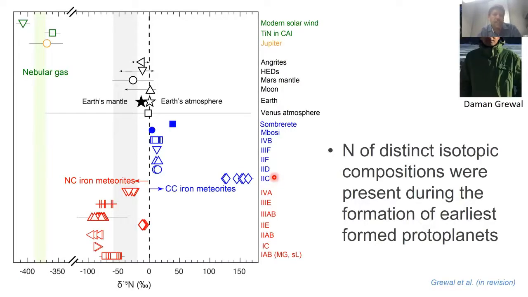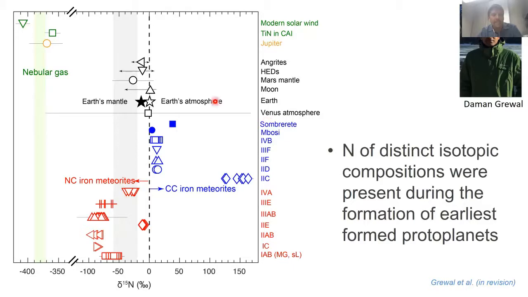Actually, recently, my current grad student, Daman Grewal, also led a very interesting discovery from literature compilation of iron meteorite parent bodies. What we see in this particular plot is if you look at the carbonaceous affinity iron meteorites and non-carbonaceous affinity iron meteorites, there is actually a clear distinction in terms of nitrogen isotope compositions between the protoplanetary bodies that formed or served as parent bodies of iron meteorites of CC affinity versus NC affinity.